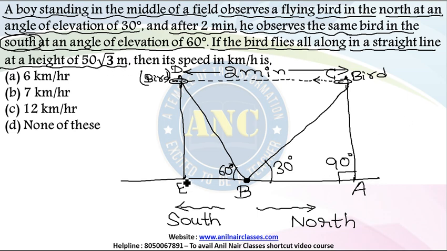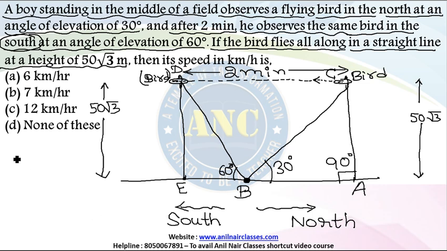From E to D, the height is 50 root 3. This value is given in the question. Or from A to C, that height is also nothing but 50 root 3 only. According to the question, find the speed in kilometers per hour, the speed of the bird.